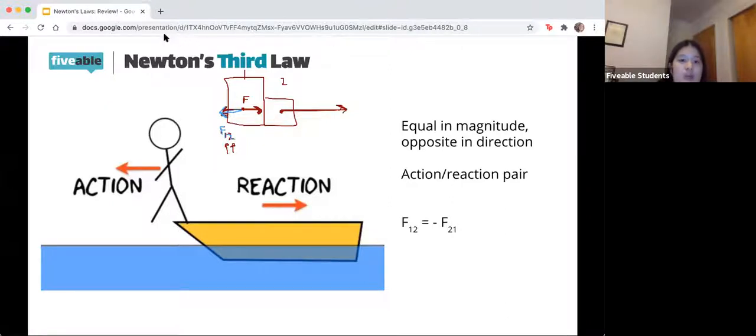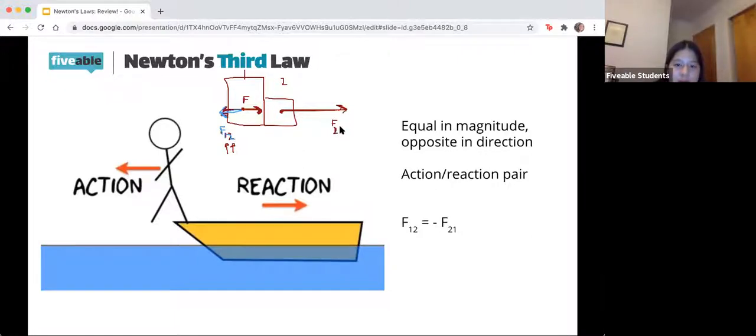Okay, so there is no left force on box 2, because box 2 is just free to move, unless there's air resistance, but no air resistance yet. However, box 2, the box on the right, is obviously being pushed. That's why it's moving, and that is called F21.